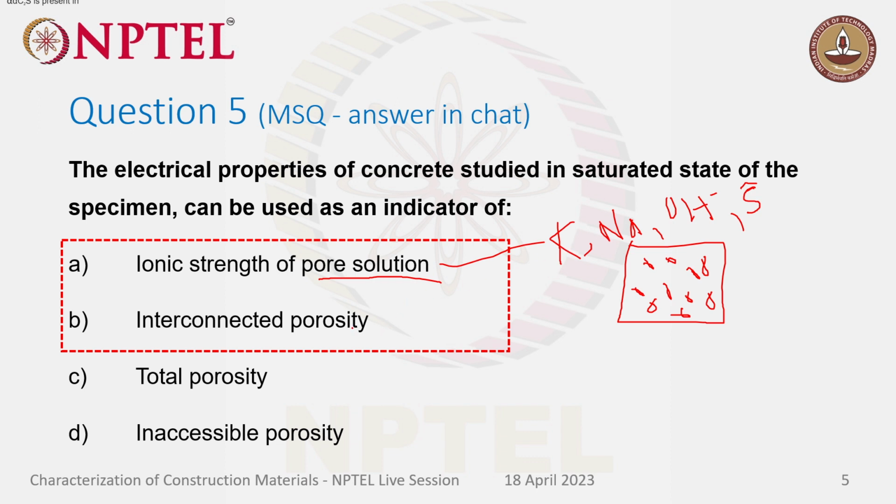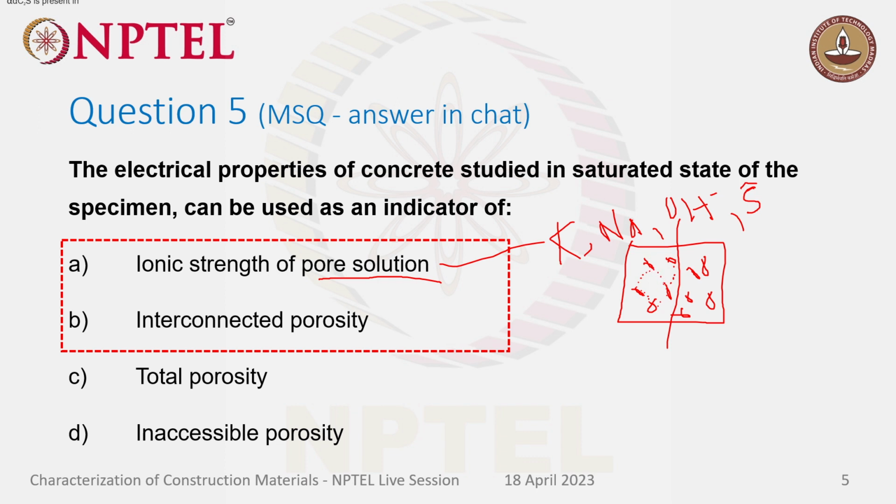When it comes to porosity, if these pores are not interconnected, even though there is a pore solution in it, it will not be conductive unless you have small connected pores in between. If you divide the system in the middle, and this side's pores are connected, then if you measure this side, the conductivity will be more.